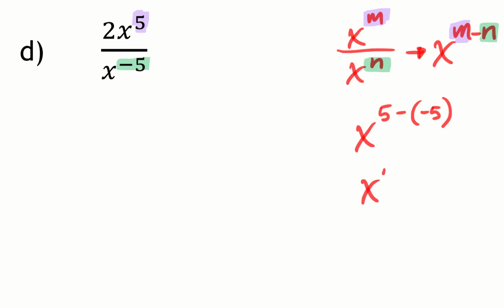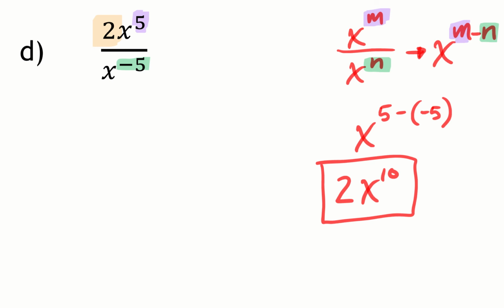So this is x to the 10th power. And let's not forget there was this factor of 2 that was in the numerator to start with. Turns out I don't have a denominator anymore, so I'll just place this 2 right there. So 2 times x to the 10th is one way to get this.